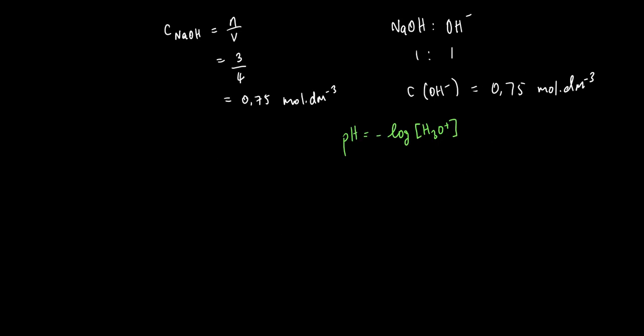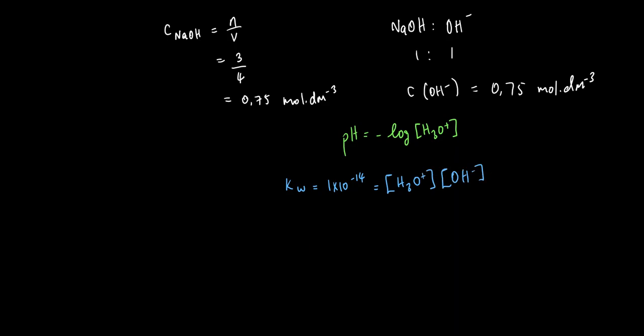So this formula is Kw equals 1 times 10 to the power negative 14, which equals the concentration of H3O plus times the concentration of OH minus. So this is the formula that we would use. You might want to have that so that you remember how to use it.